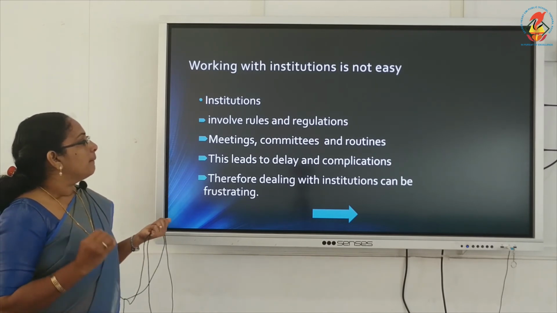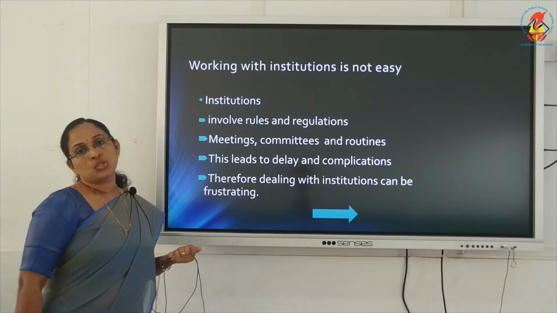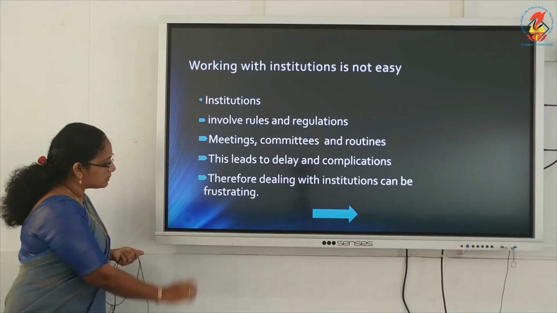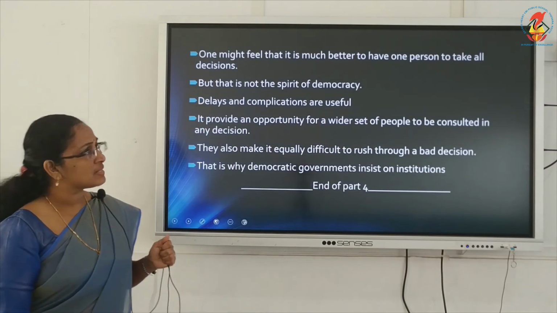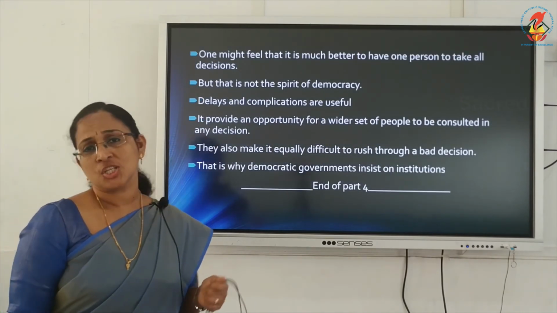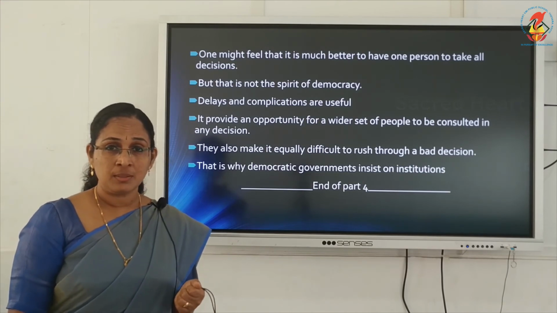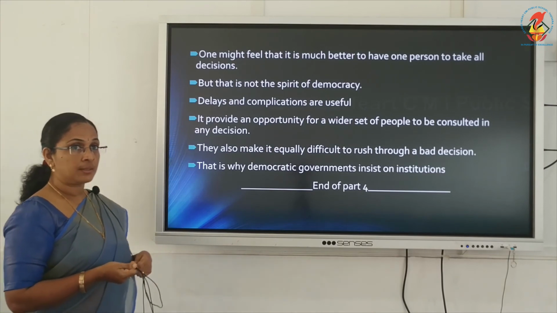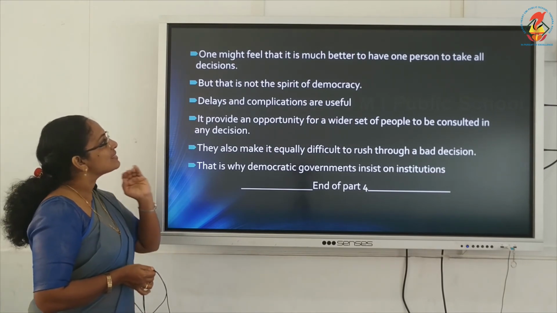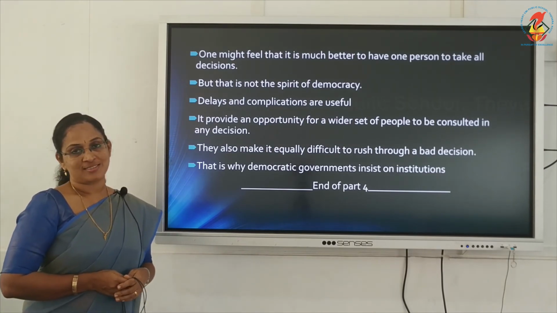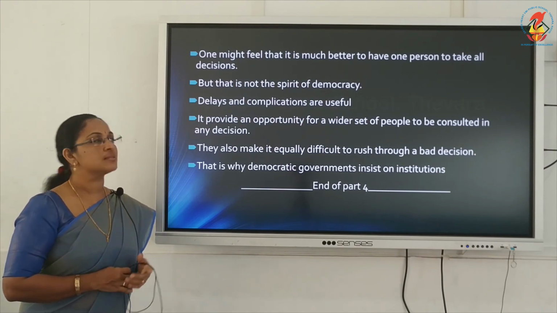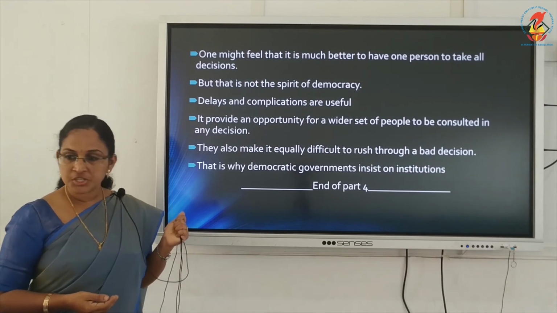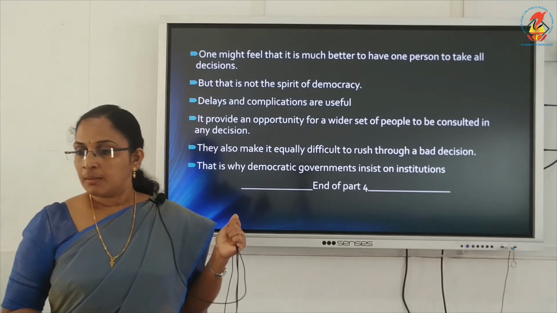Dealing with institutions can be frustrating, and sometimes we may feel that it's better if one person is taking the decision, like in a monarchy. Fast decisions can be taken, but that is not the spirit of democracy.